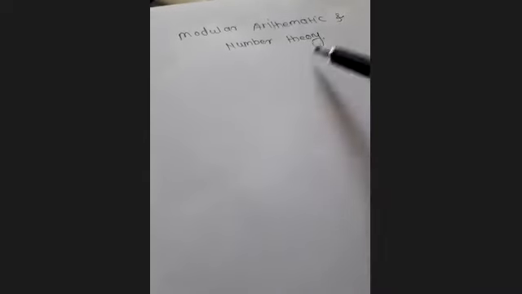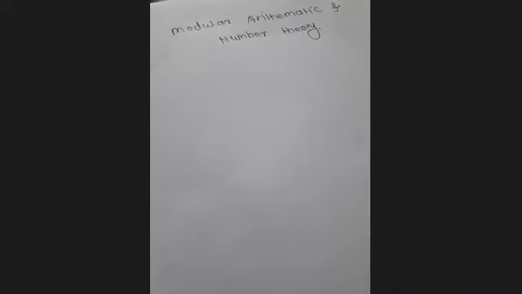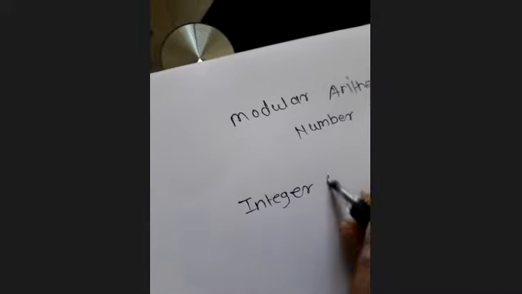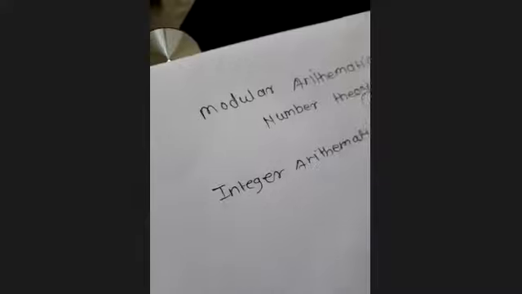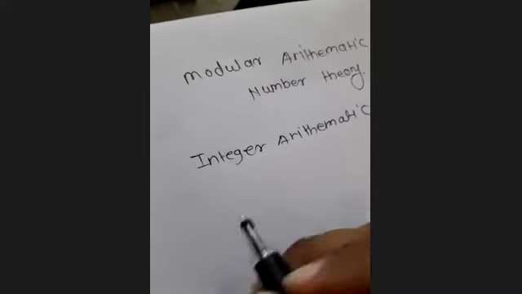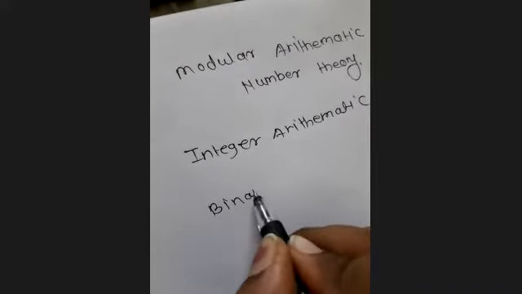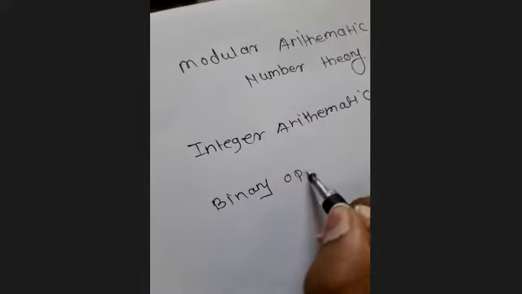In these we will be using concepts from modular arithmetic and number theory. Now, whenever we talk about the basics of number theory, two things come around: integer arithmetic, and the other one is binary operations.